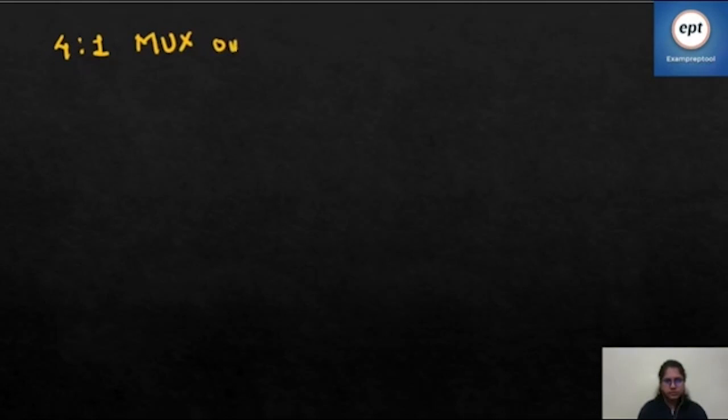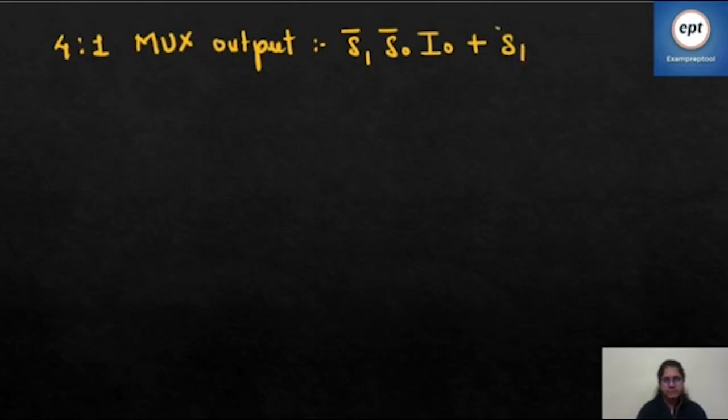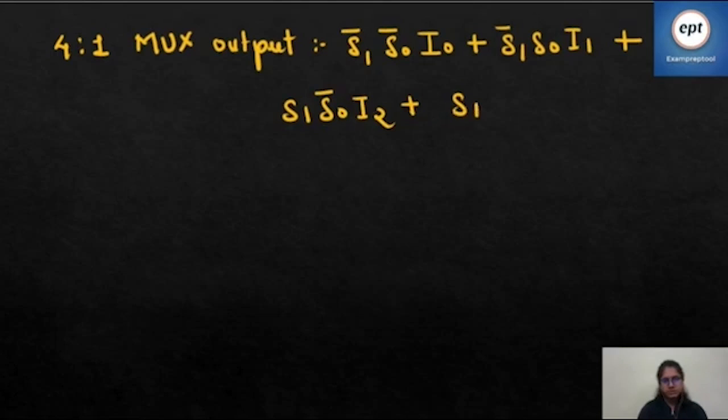The output for this is S1 bar S0 bar into I0, plus S1 bar S0 into I1, plus S1 S0 bar into I2, plus S1 S0 into I3.